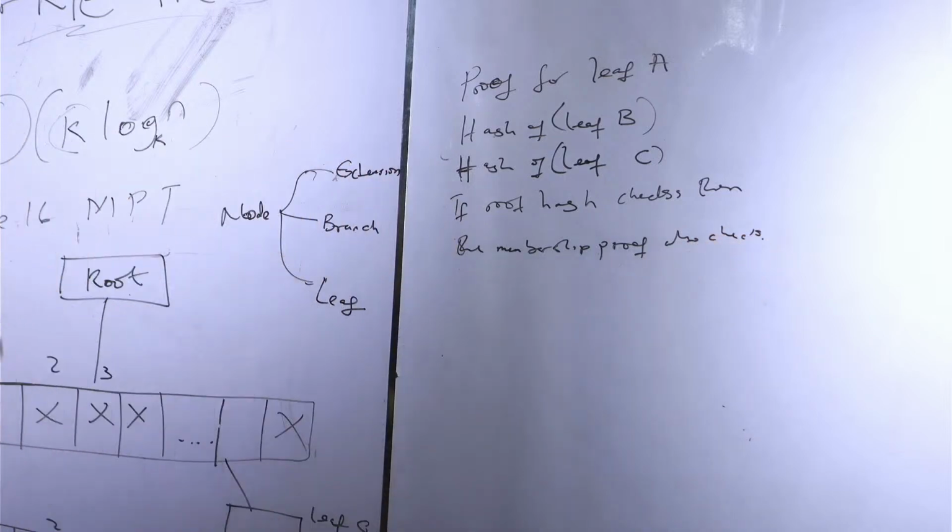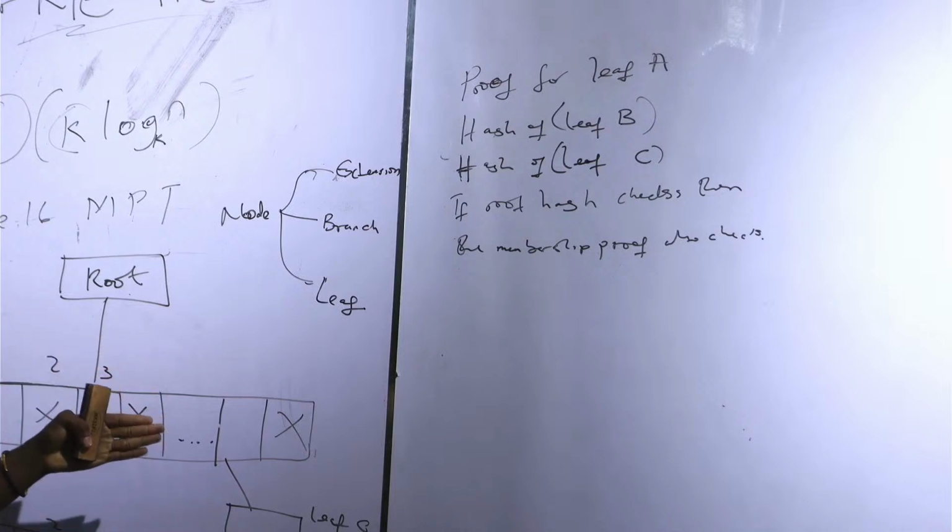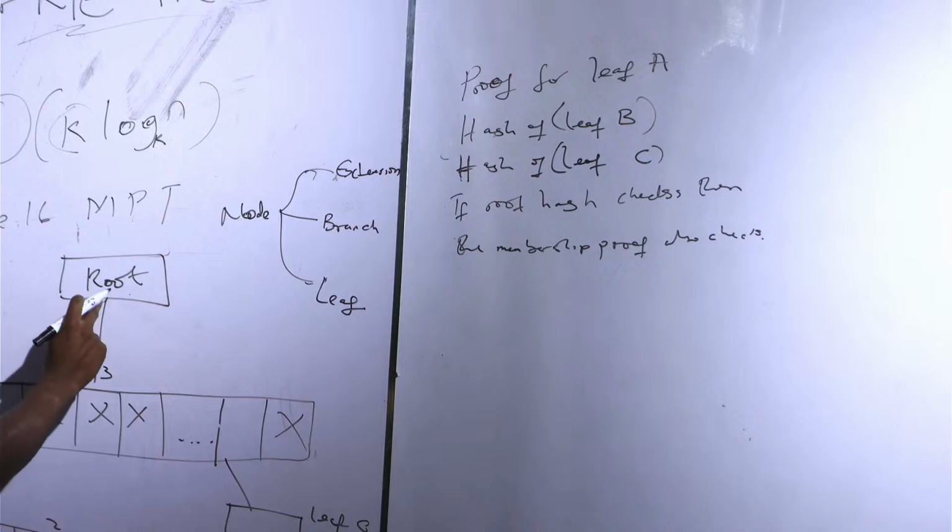Okay, so now you can see the issue with this MPT is that we always need to provide the hash of every sibling node on the path to the root. So if the tree gets larger, the proof size will also increase, because for every branch, you have to provide the hash of that branch. Let's say this is the key path we're trying to prove, from the root to this index, to this index here, then to the leaf.